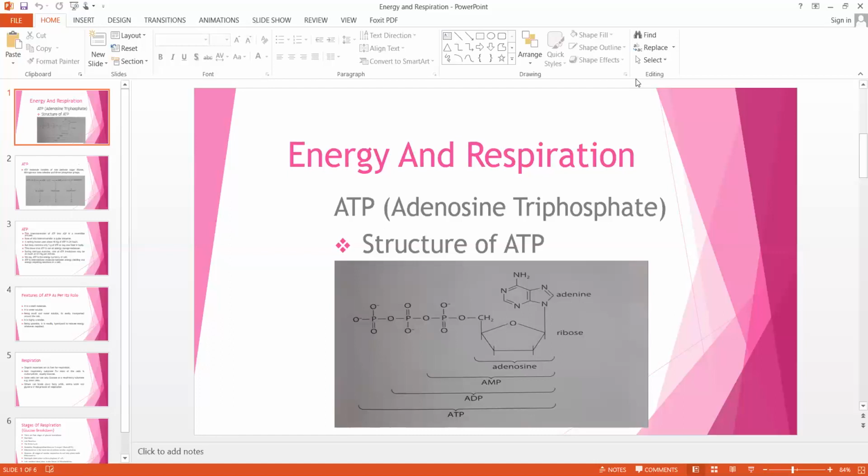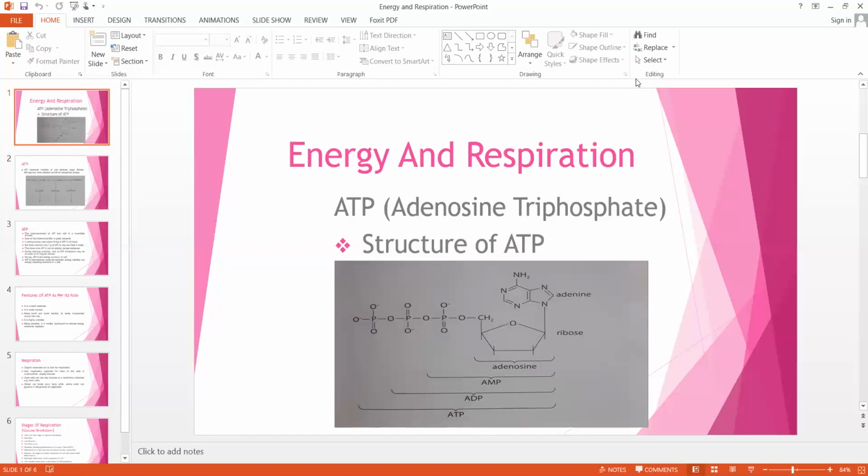So you see, glucose is rich in energy. It's a highly energy-rich molecule, but it does not react easily. That is the problem with the glucose. So basically, that is because of the activation energy which has to be added before any reaction can take place.